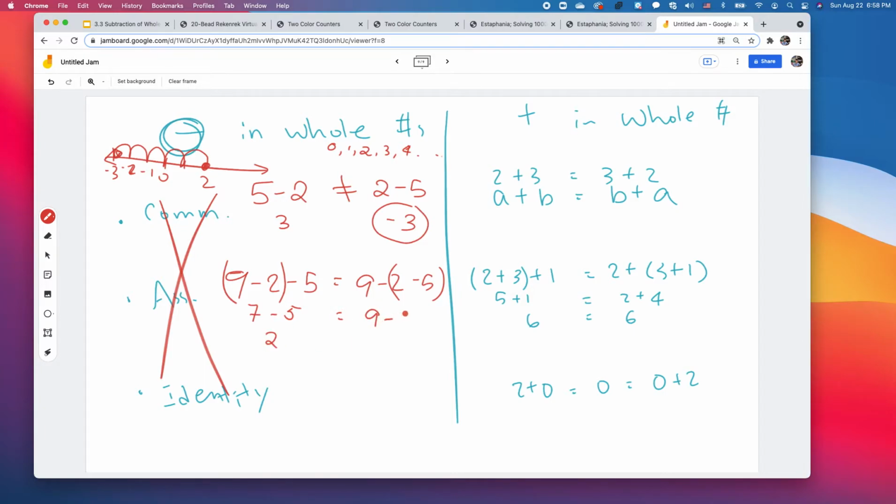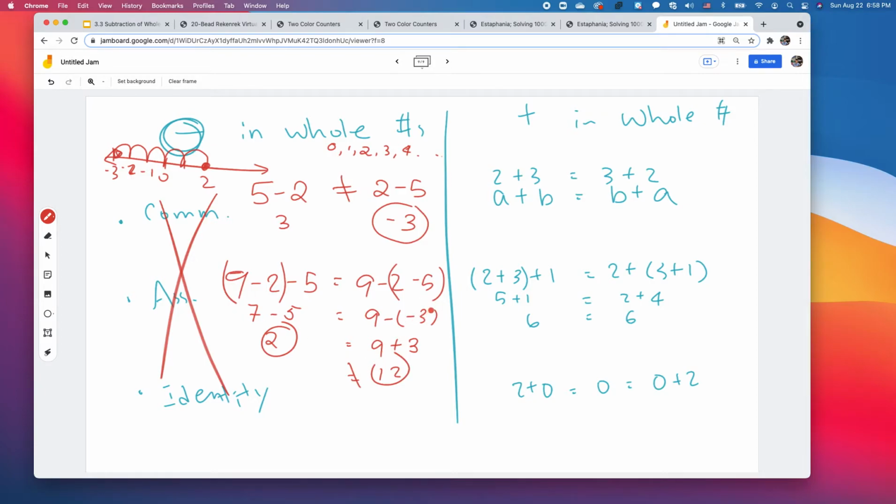Good. Now 9 minus, and what's 2 minus 5? That's negative 3. We did that up here. It's equal to 9 plus 3, since negative negative makes positive. So that is 12. Hey, 2 and 12, they are not even equal. They are not equal, so associative fails.